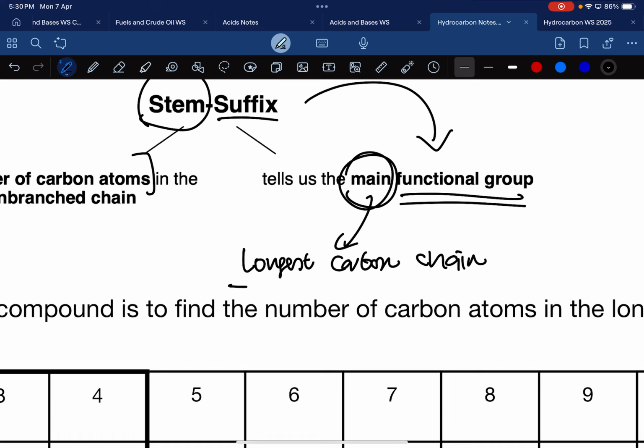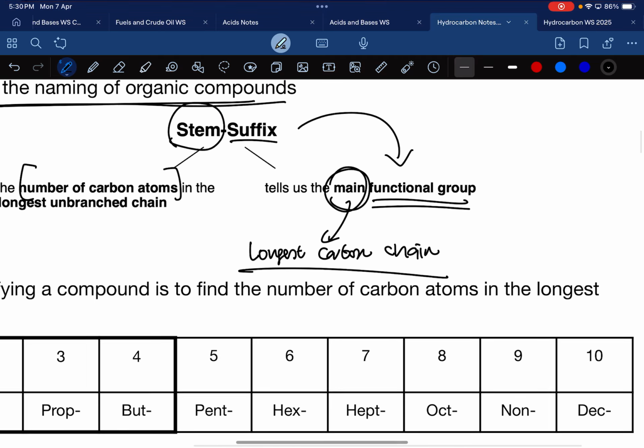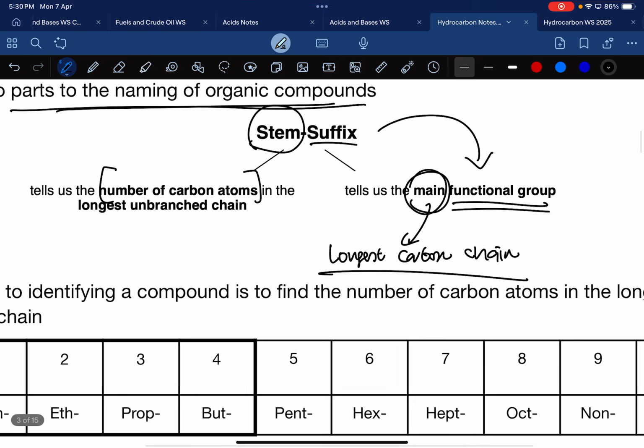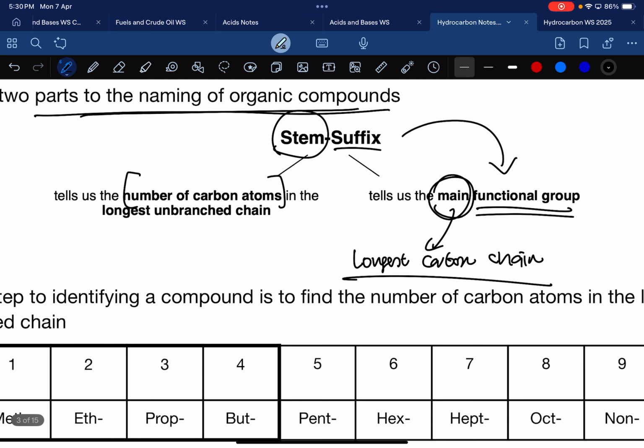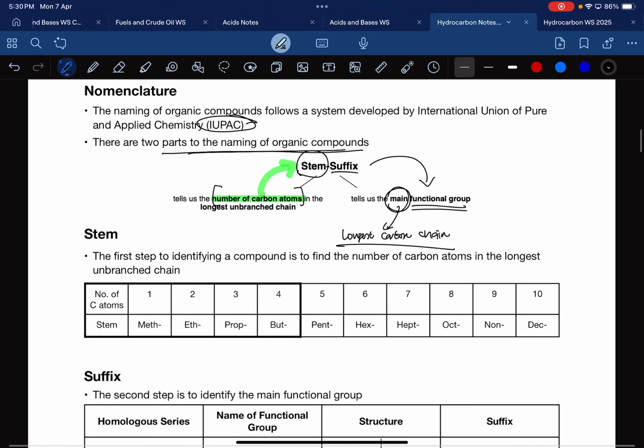When we get to this concept called isomerism, we will bring in longest carbon chain again. For now, just understand that main means I have the longest carbon chain. I'll explain what this means later on. The total number of carbon atoms, your longest carbon chain, gives you the stem name.